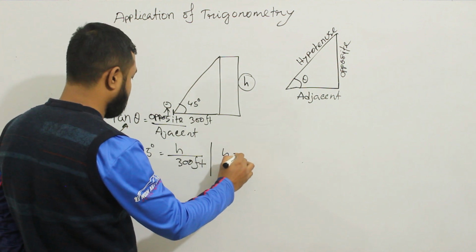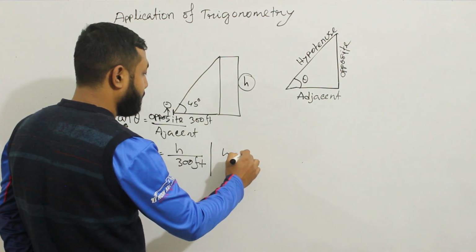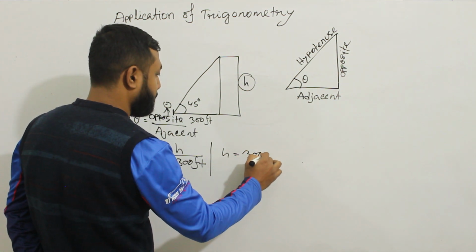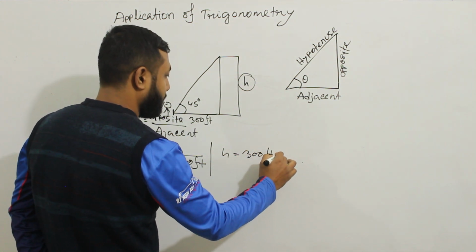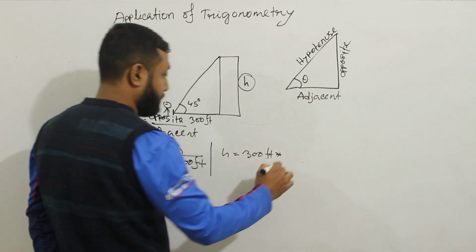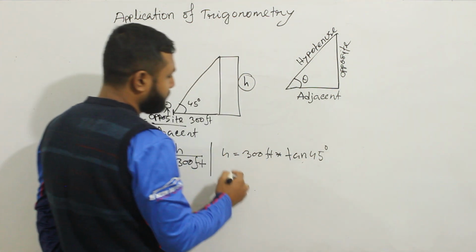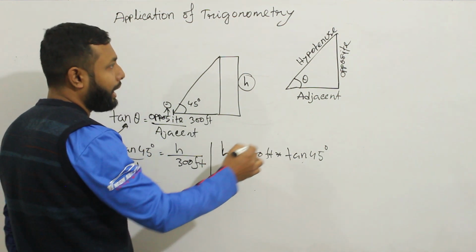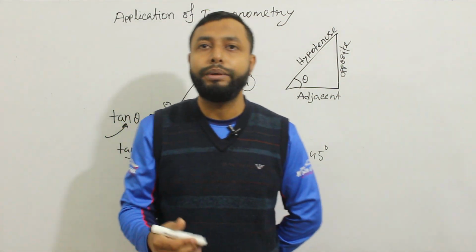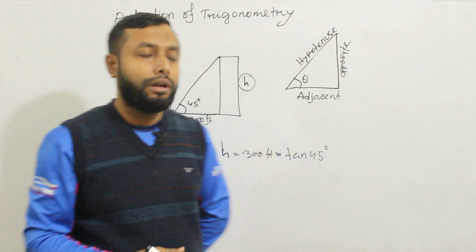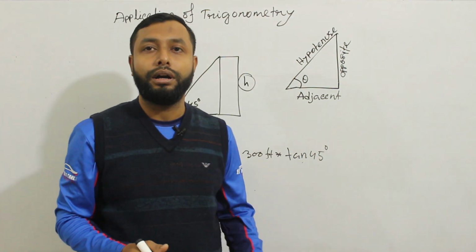h is equal to 300 feet multiplied by tan 45 degrees. That's the value of h, or the height of that unknown building that we are unable to measure directly by any scale.